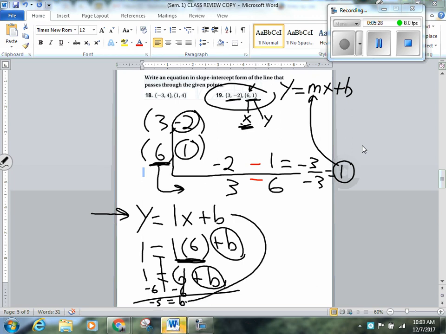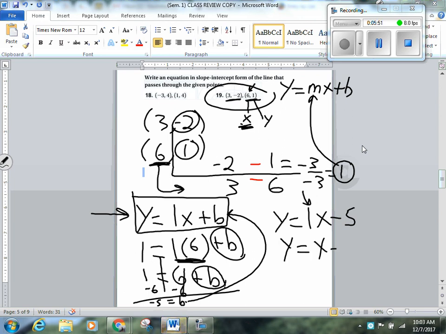I go ahead and plug it in for that b right there in that equation. It might be helpful if you put a box around it so you don't get confused, and rewrite your answer. y equals 1x minus 5. I really don't need that 1 in front of the x. I can rewrite it as y equals x minus 5. Final answer, final equation.